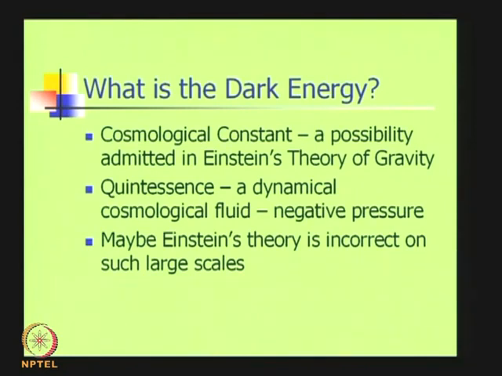Einstein's general theory of relativity is mainly tested in the solar system, and here we are applying it on scales which are much larger than the solar system. Also the gravitational forces are much weaker than those encountered in the solar system. So it is quite possible that this theory is modified, and not applicable as it is at those length scales or at those weak accelerations.